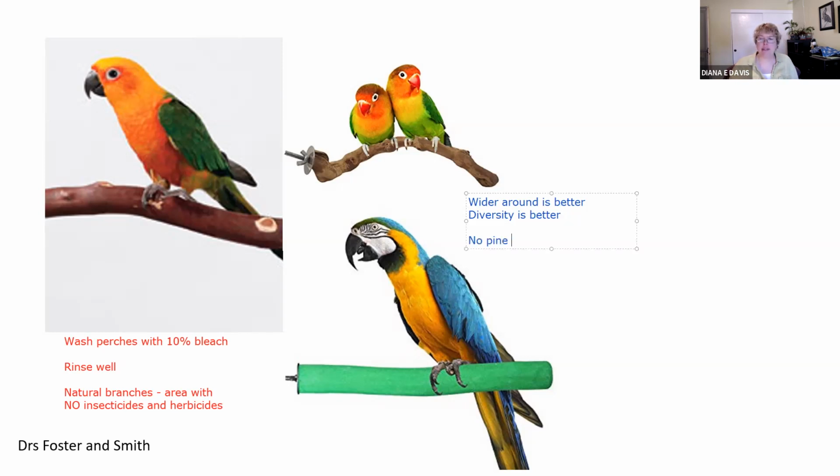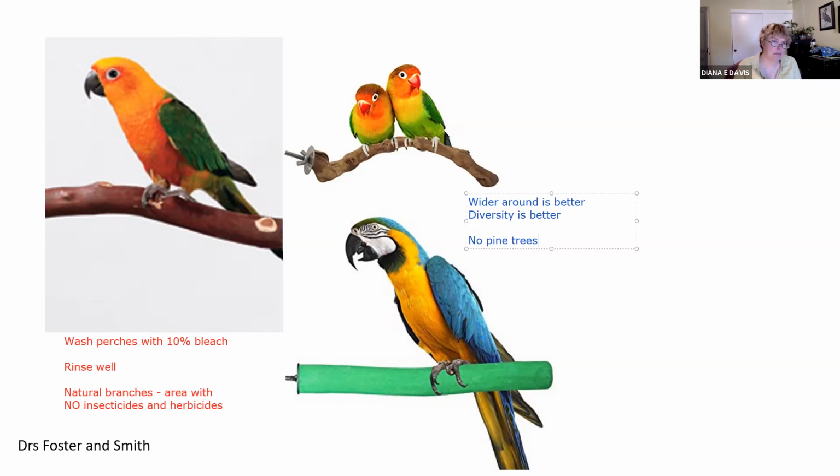That's a really good point. Don't use pine trees. If they're wild native trees in New England, to the best of my knowledge, they're all safe.